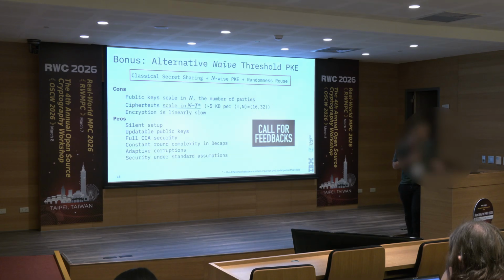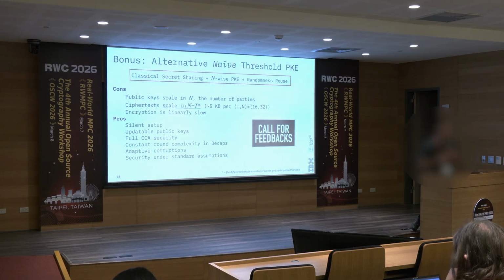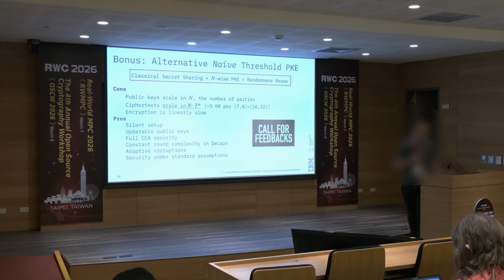And we would like to get feedback from people to understand if there are scenarios in which this can be relevant in practice, since the only other option as of now for threshold decryption is in the order of 30 kilobytes, even for the smallest possible parameter sets.